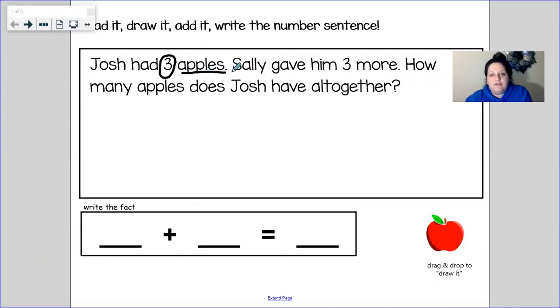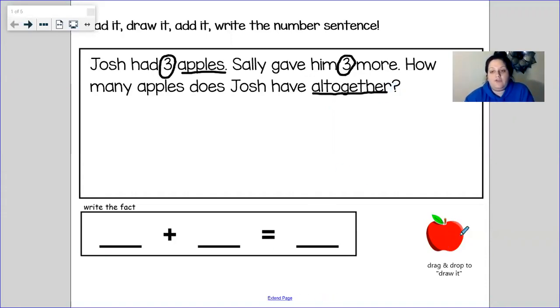So Josh had 3 to start, and then Sally gave him 3 more. And when we see more, that means that they're going to add apples, so there's going to be even more. How many apples does Josh have altogether? This word altogether also means that you're adding. It means you're putting these two together to see what your answer is.